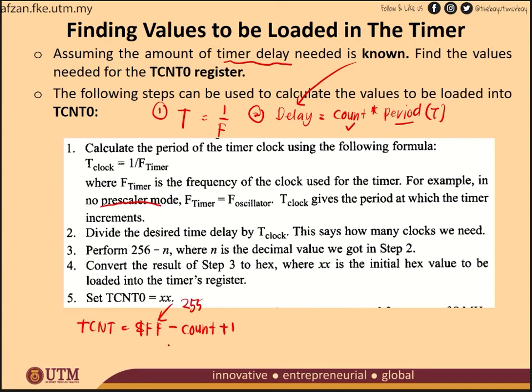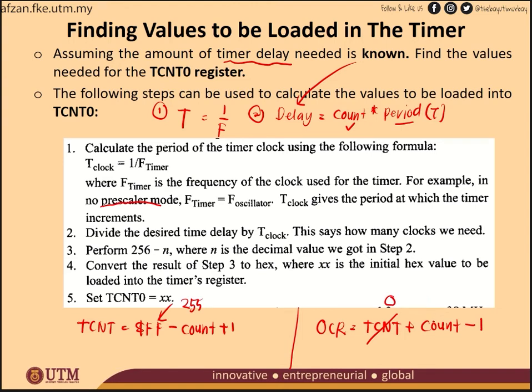But this is if you're using the overflow method. If you're using the CTC method, OCR equals TCNT plus count minus 1, in which TCNT for the CTC mode we always set at 0.